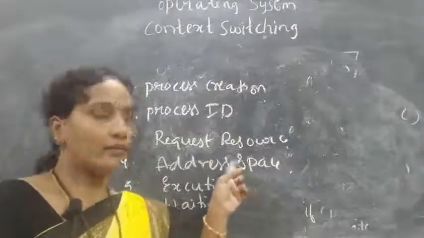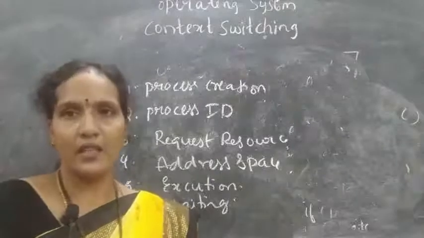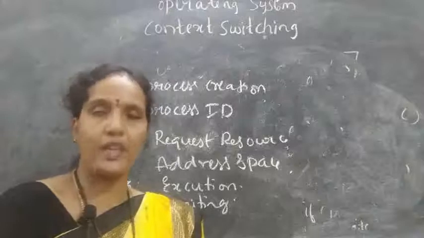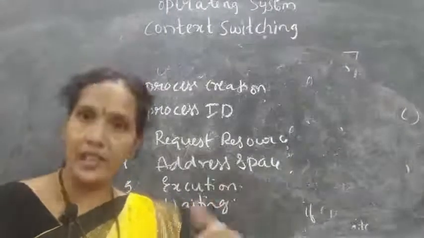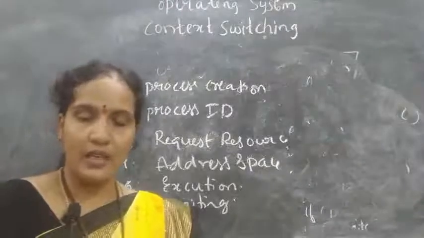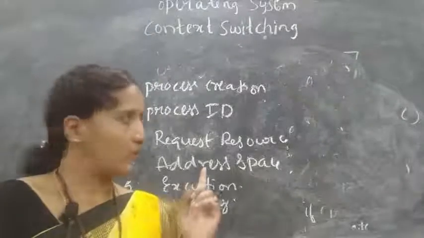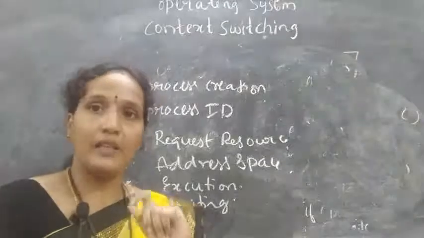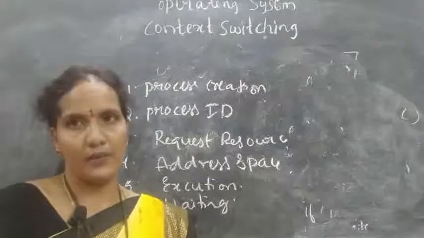The second one, the parent should wait till the child process completes its execution, because the operating system won't allow the parent process to leave until the child process completes its execution. So there are two situations. They can execute together, or if the parent process doesn't want to execute with the child process, then it should wait till the execution of its child process.